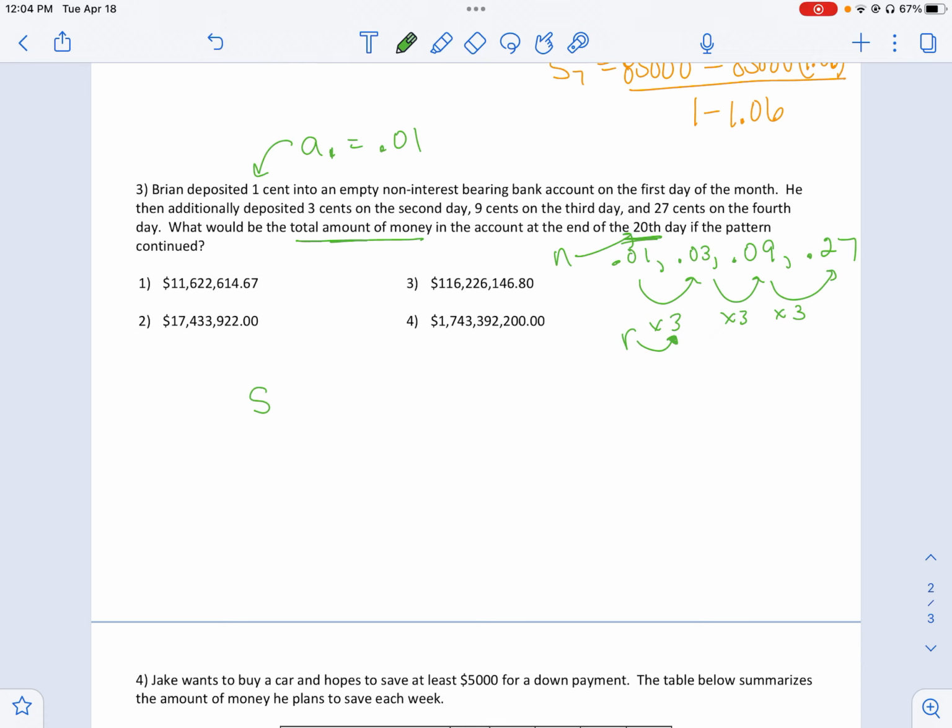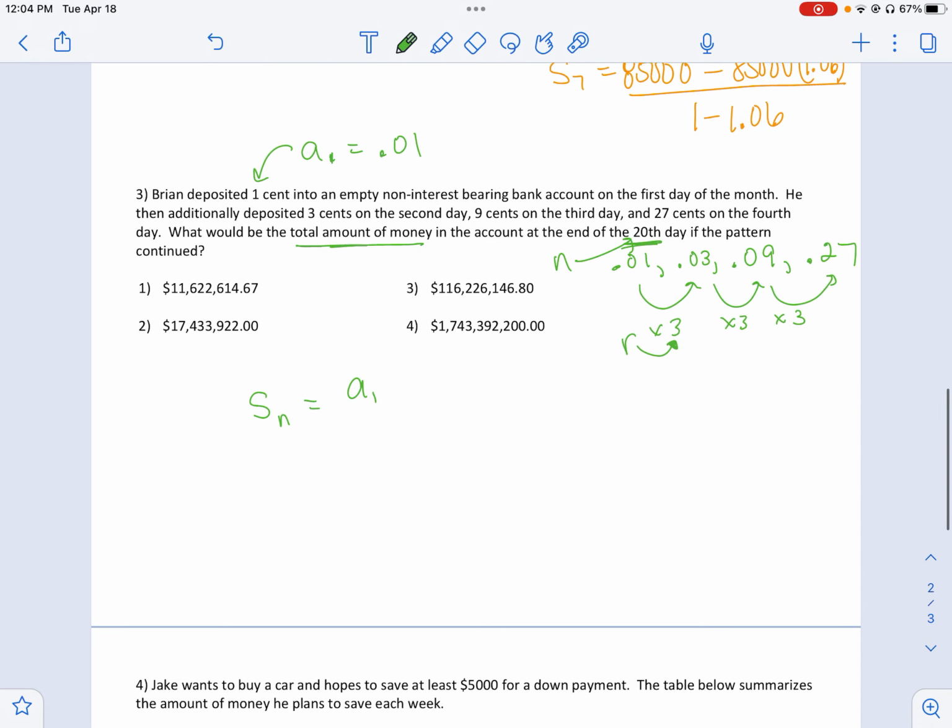So the sum of the first 20 days is equal to, oh, let me write the formula in terms of N again because I can't see it. A sub 1 minus A sub 1 r to the n power over 1 minus r.